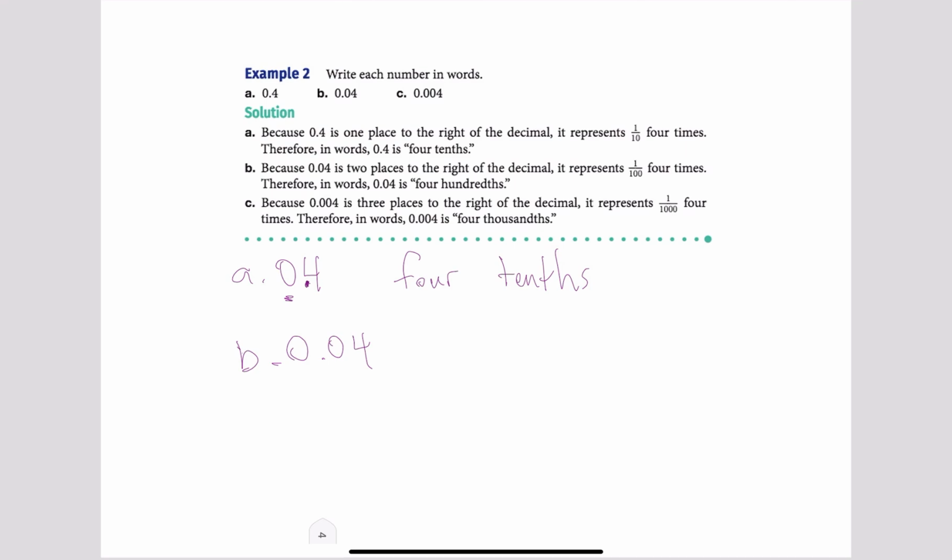Here the 4 is not in the tenths place, it's in the hundredths place. So this represents 4 hundredths. And then we just keep going, listing our place values, the tenths, the hundredths, then the thousandths. So this is 4 thousandths.